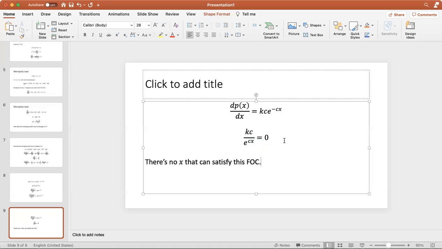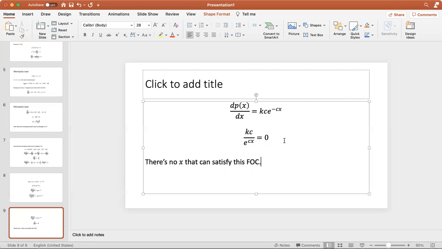Of course, you cannot use the first order condition to determine the maximum of this expression. Possibly the next solution that you can do is you can plot this diagram and then show whether the function has a maximum or a minimum.